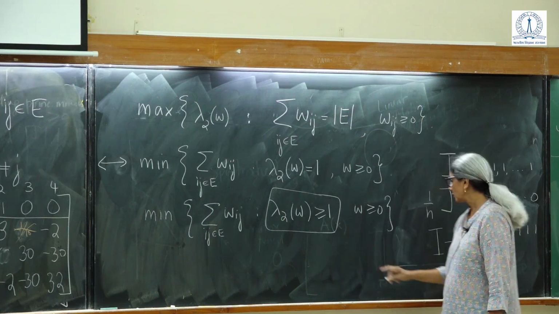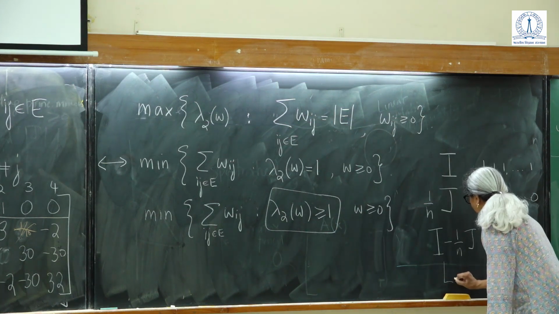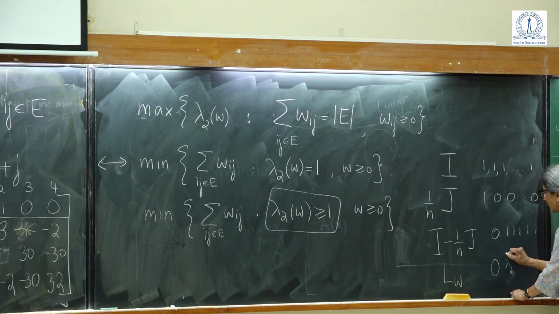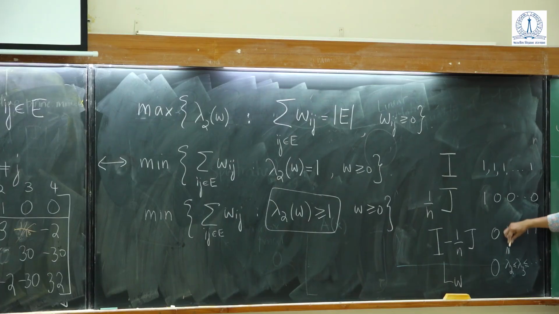I know the first eigenvalue of the Laplacian is 0, so I can't mess with that. But after that, I have lambda 2, and everything that comes after lambda 2 is even bigger than lambda 2. So if lambda 2 is greater or equal to 1, and these are all 1s, all of these are greater than the corresponding lambdas.